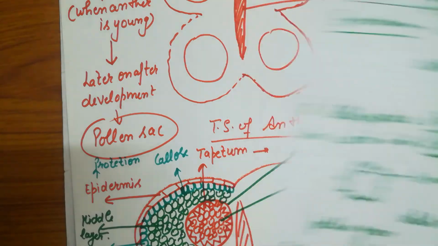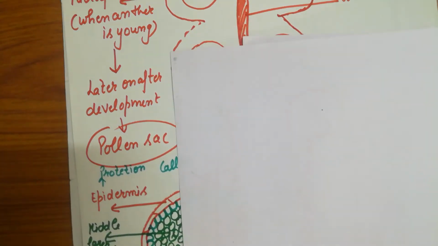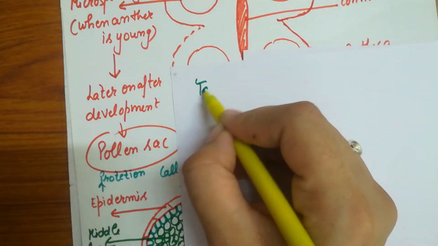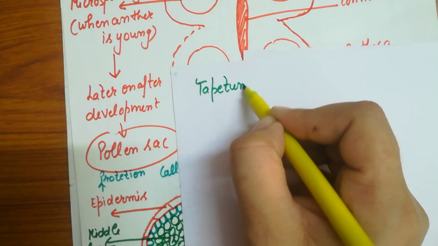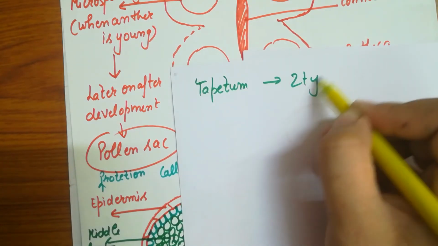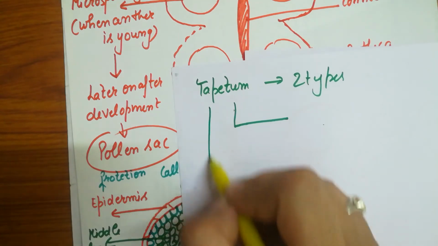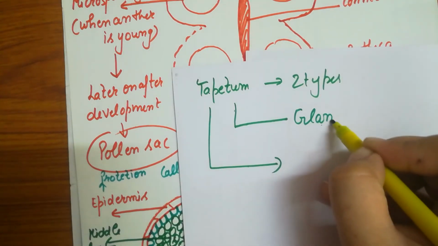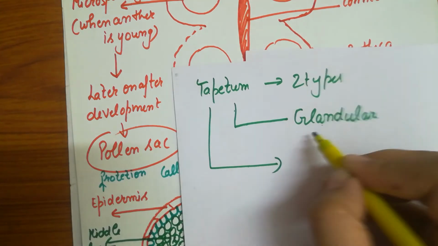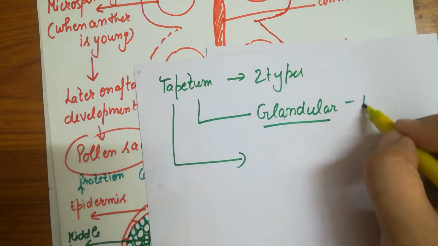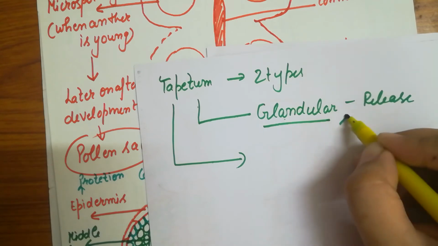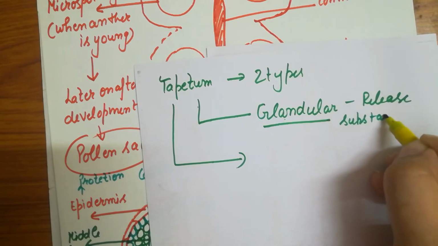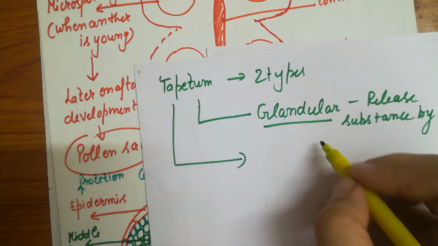Now tapetum is of two types. Usually we say it is of two types. One is secretive in nature, and the other is plasmodial type. If it secretes substances, then it is called glandular, meaning it releases substances by secretion.